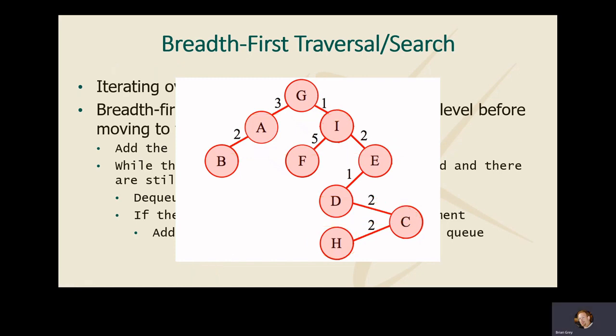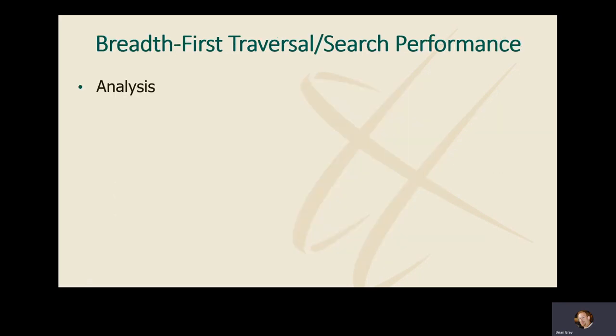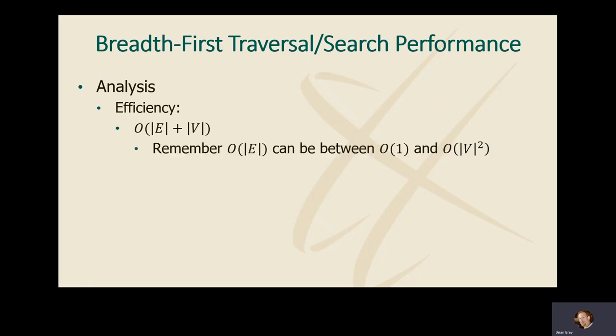So that is nice, right? That's going to be useful for us. And this can run efficiently, right? This is going to be big O of the number of edges plus the number of vertices, right? And for our tree, they're going to be the same because our number of edges is going to be number of vertices plus 1, right?